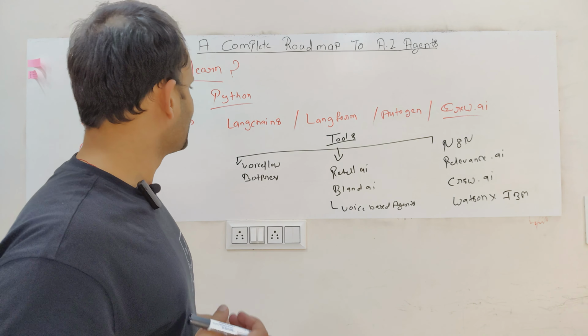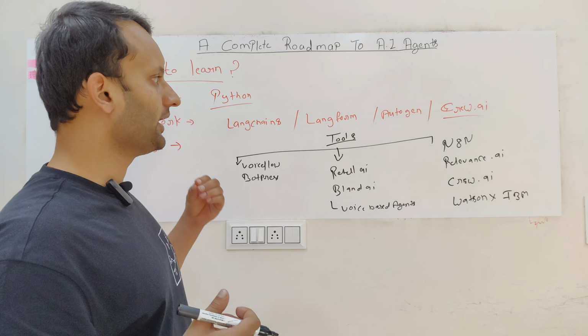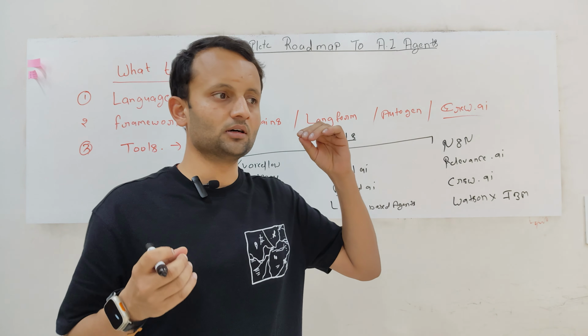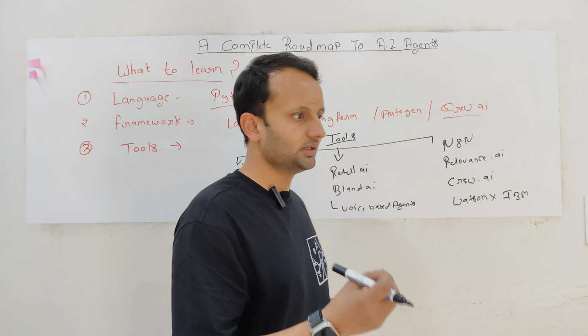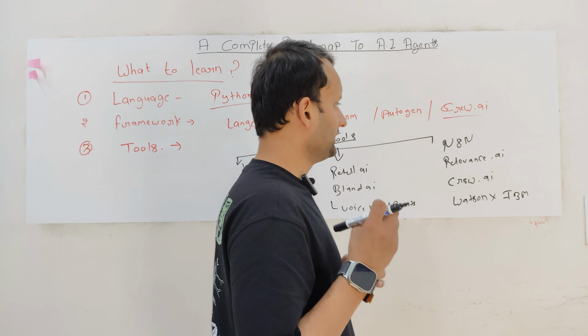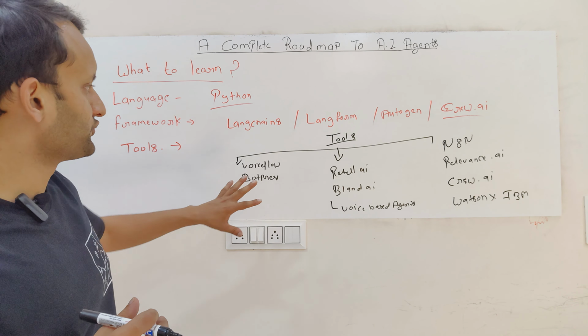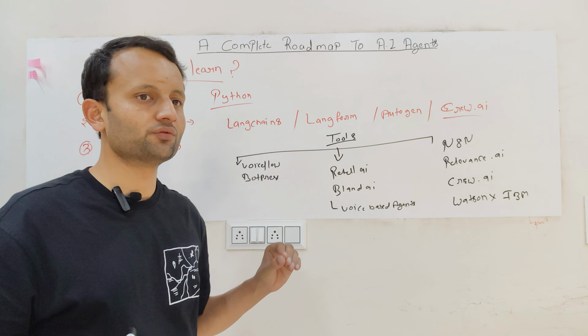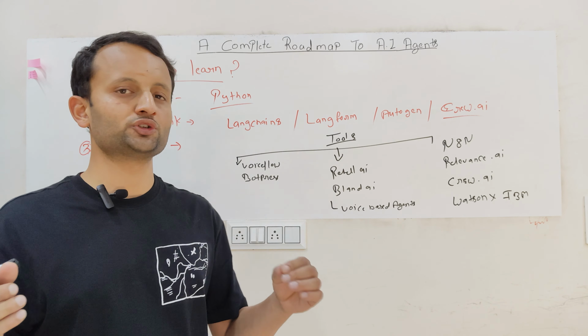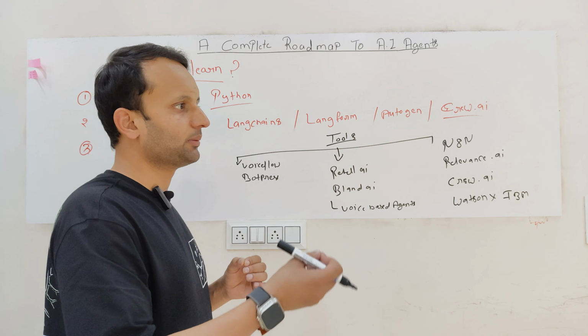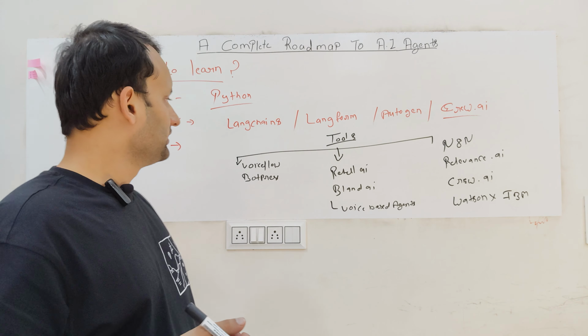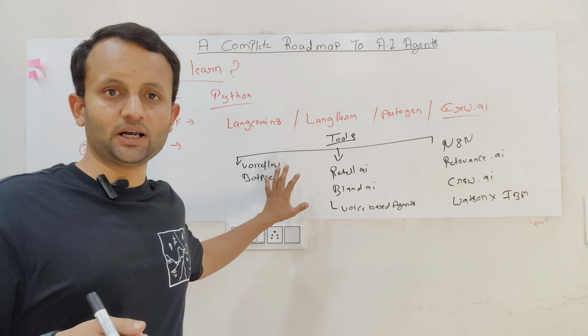Now the most important thing here is that you should define the purpose for which you want to build a certain type of AI agent. Let's say you want to build a chatbot where you can connect the agent with any databases and it can fetch you the query or do certain operations like sending emails, then BotPress and VoiceFlow are the perfect platforms.